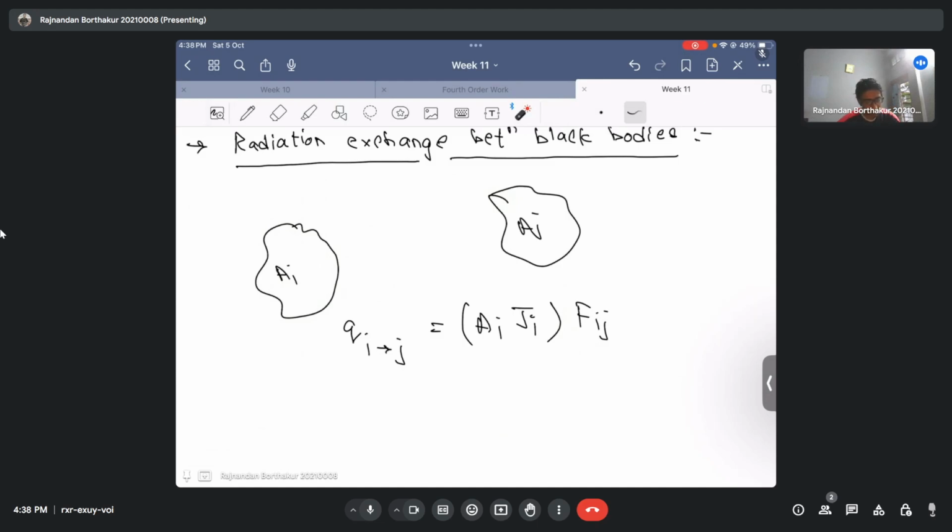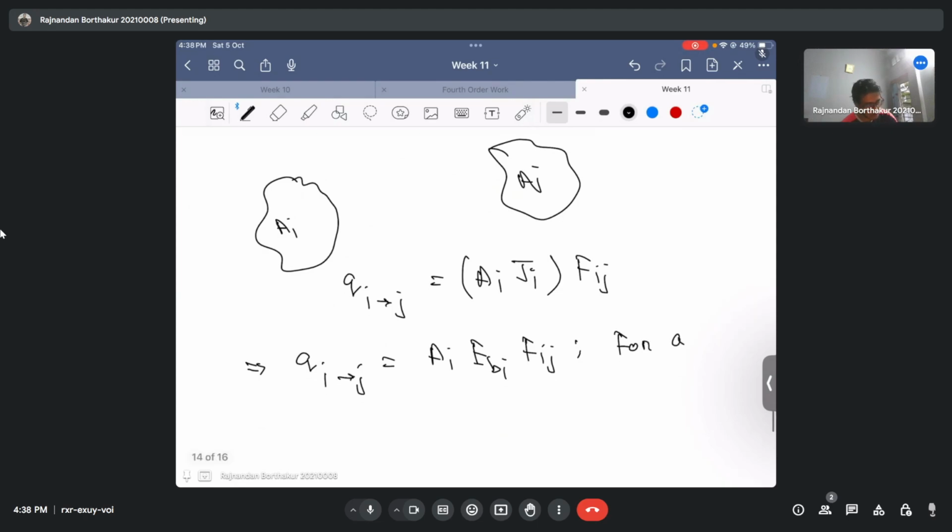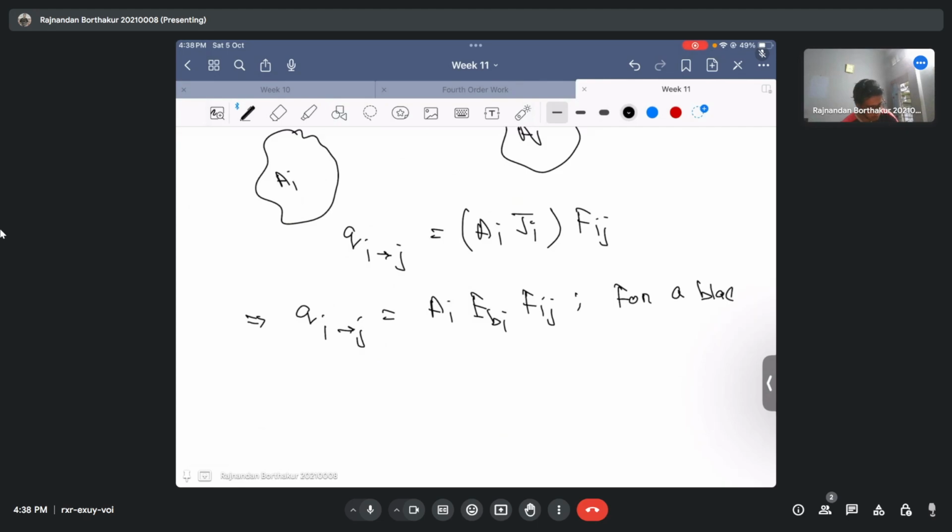Since it's a black body, I can write Qi to J as AI times EBI, because for a black body the radiosity is equal to the emissive power, EBI.